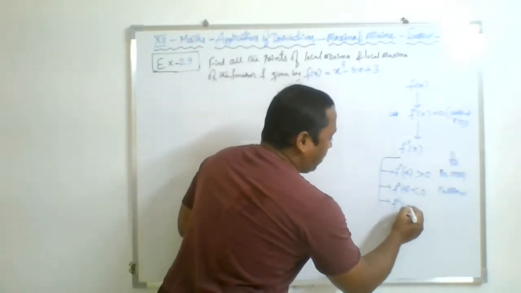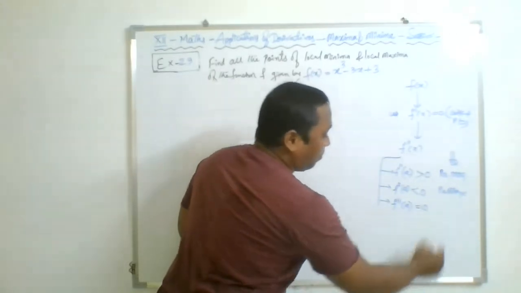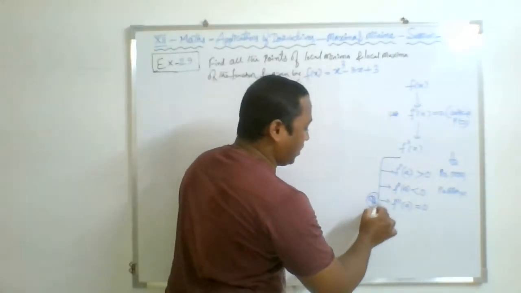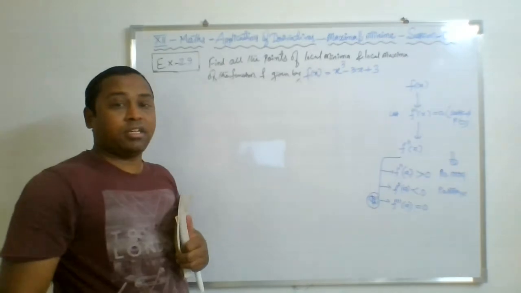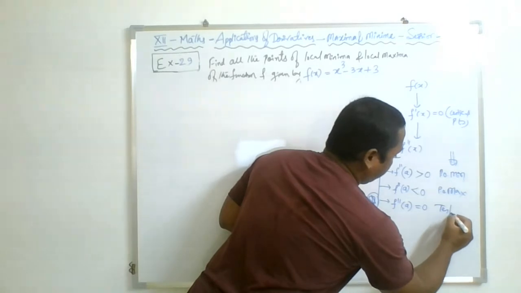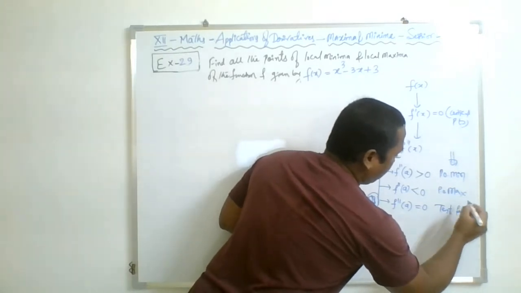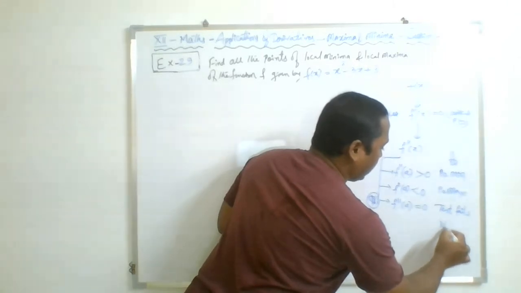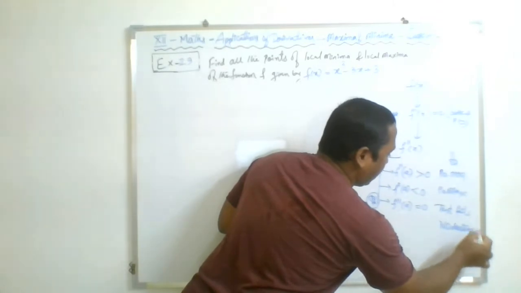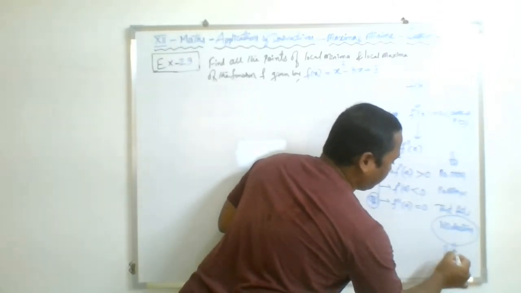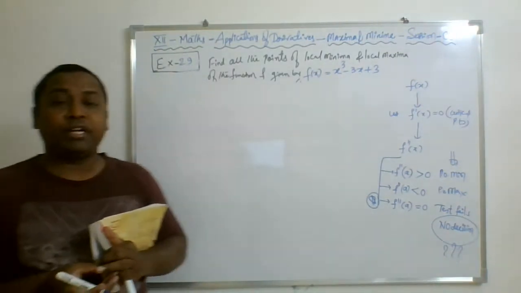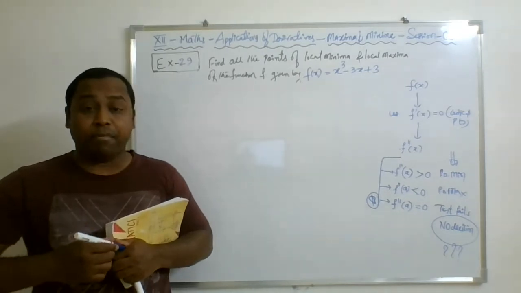If the double derivative becomes zero at a particular critical point, then the test fails. You cannot take any decision over here. So how can we decide whether it is a point of maxima or a point of minima?